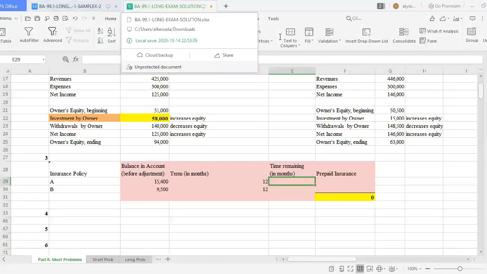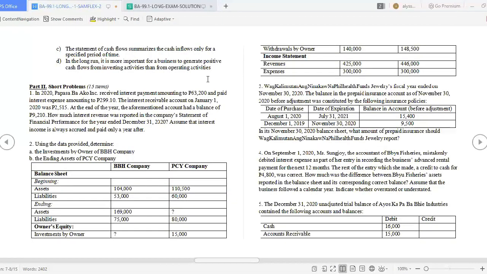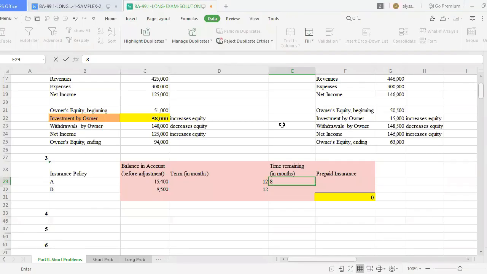You consume 4 months, with 8 months remaining. And then for the second one, December is the date of expiration. However, we only count for this year, up to November 30. You don't include December, so that's consume everything. Right?